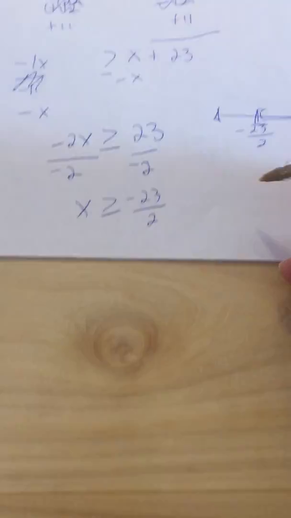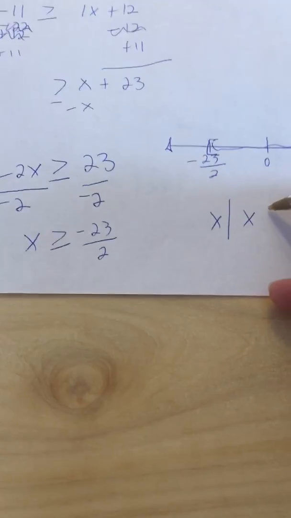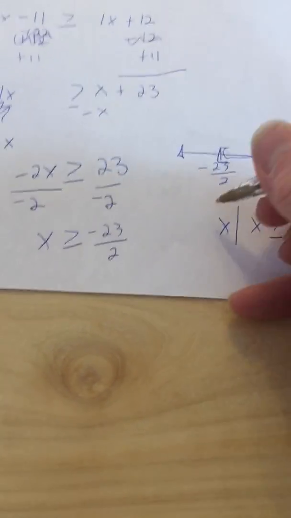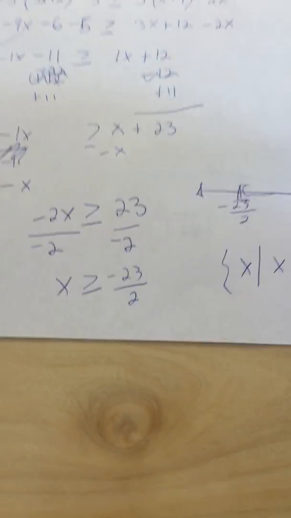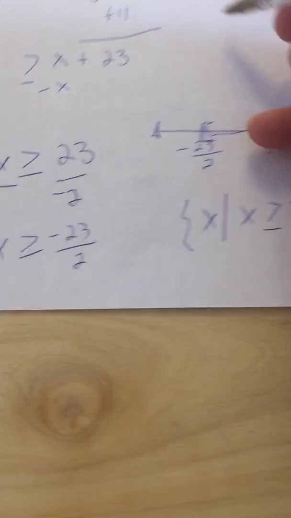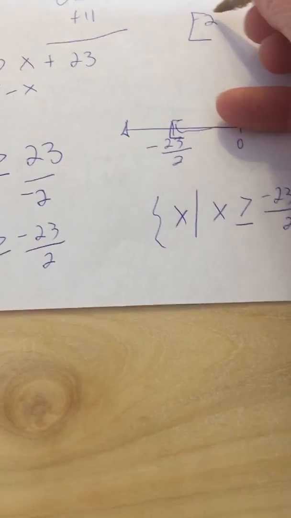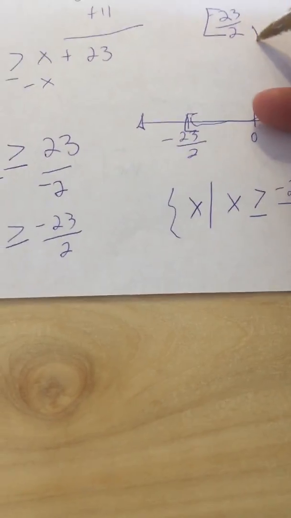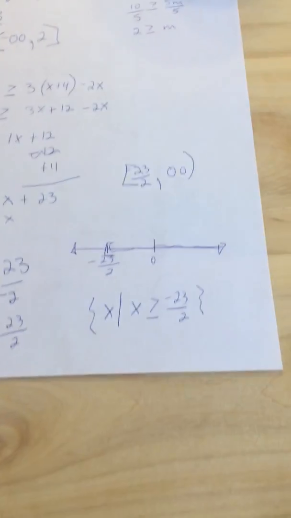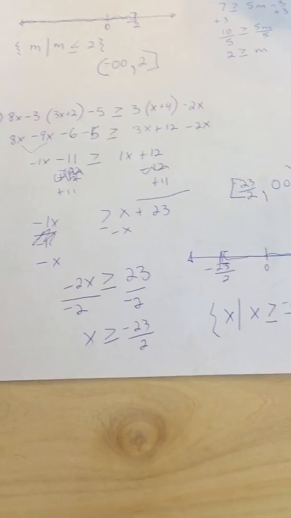And then set builder is x, x is greater than or equal to negative 23 halves, squiggly, squiggly. And then I did this wrong before, but I'm going to do this because it's negative 23 halves, and it's going to go on forever to positive infinity. Sorry that I might have messed up that last sign. I don't know where my mistake is, but hopefully you don't make me do it again.